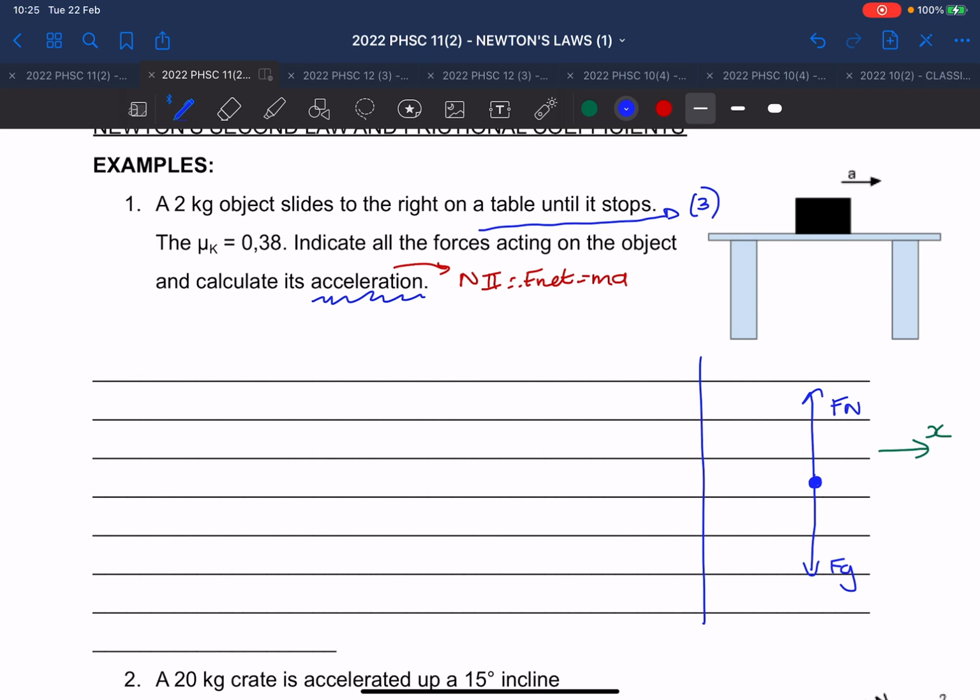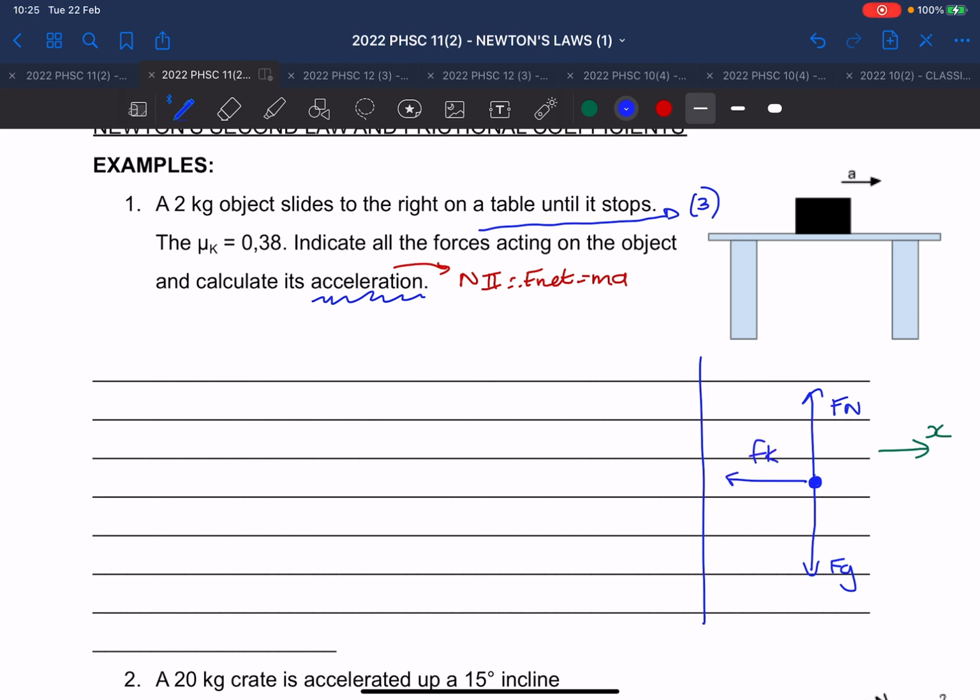What did I explain? Parallel to the surface and opposite to the direction of motion, meaning it's moving to the right, so friction is to the left.